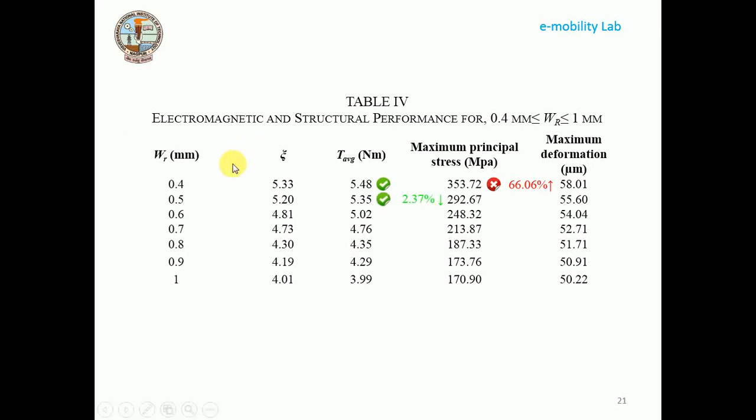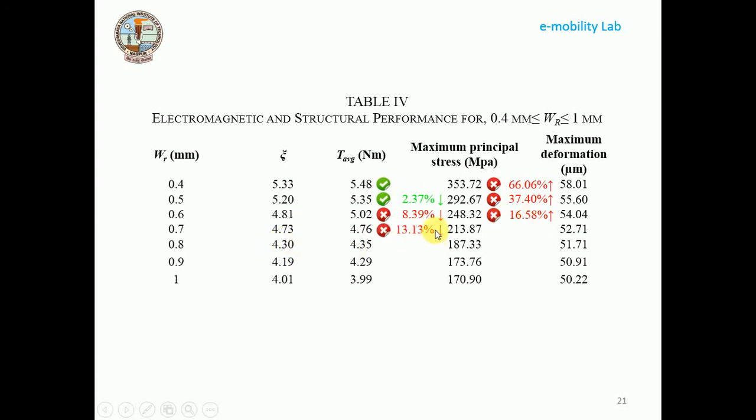Now, when we are talking about 0.5, we have 5.35, which is 2% less than the previous value, but we have 37% higher stress than the limit of the core material. Similarly, for 0.6, we have 8% less torque, which is not acceptable, and 16% higher stress, which is also not acceptable.